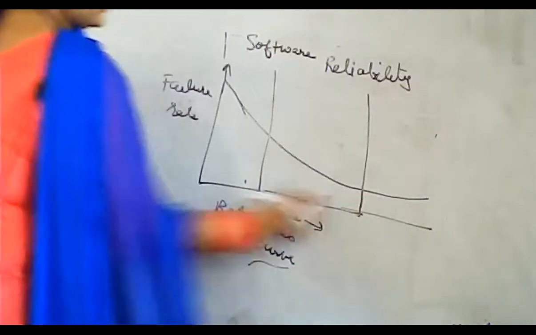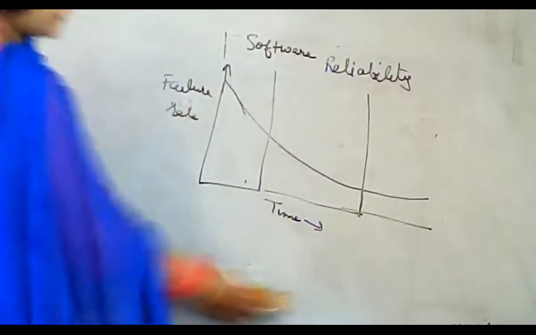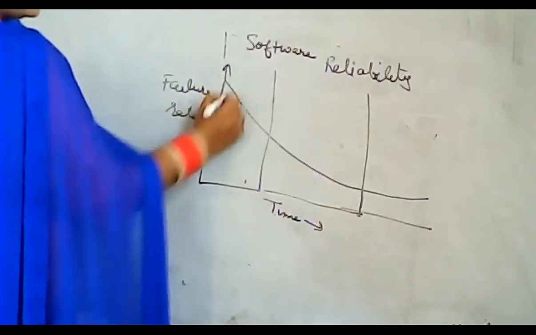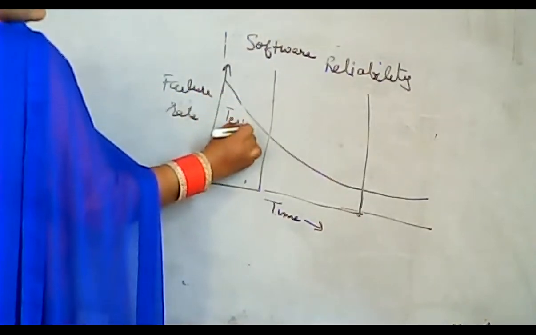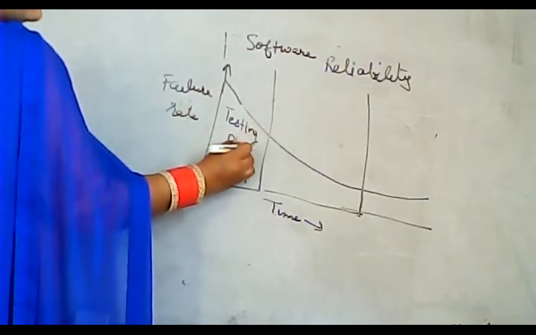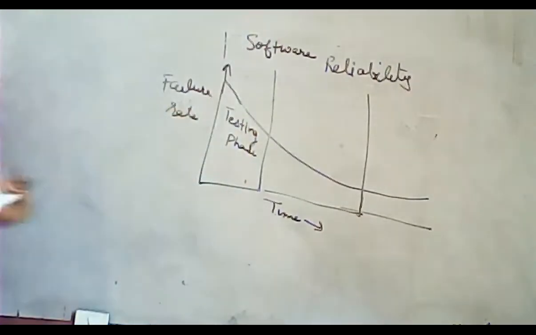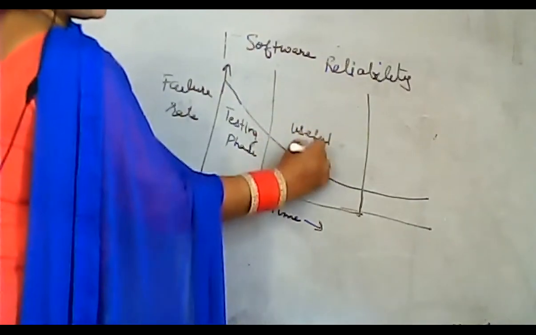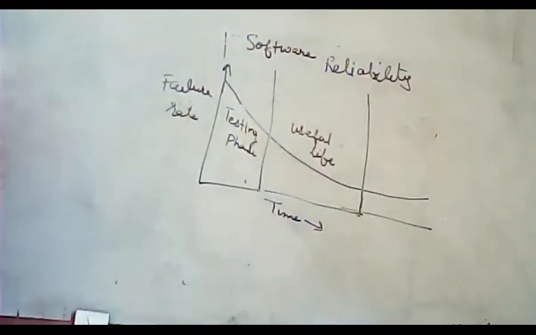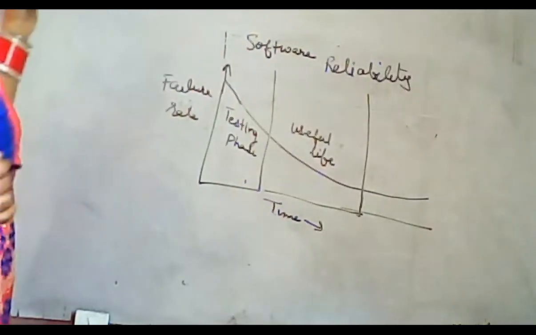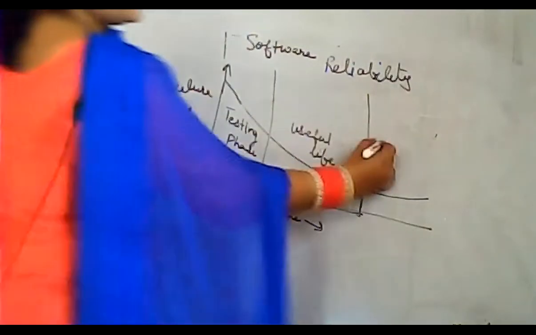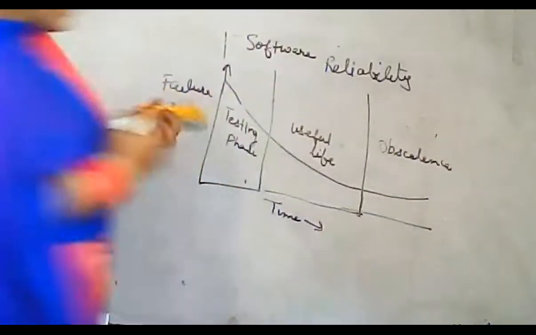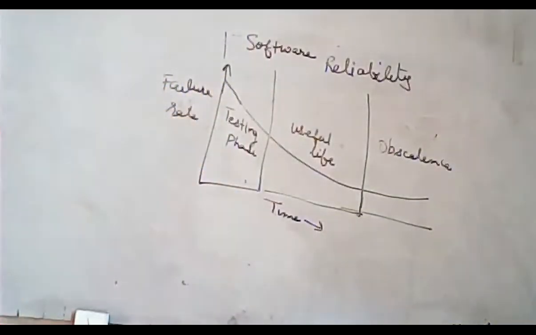So this curve relates to the testing phase. After testing is the implementation phase, and the software is being used, or to say this is the useful life, and next is obsolescence. Spelling might be wrong, you can check that spelling.